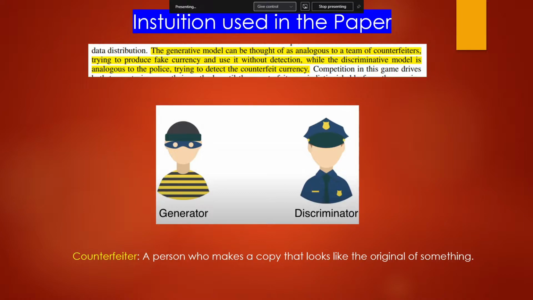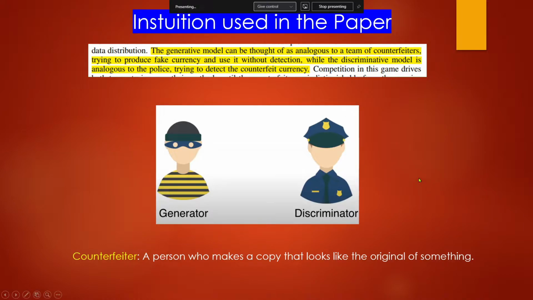A counterfeiter is a person who makes a copy that looks like the original of something, but it's not the original thing. It's really important to realize what it means. So keep this in mind.